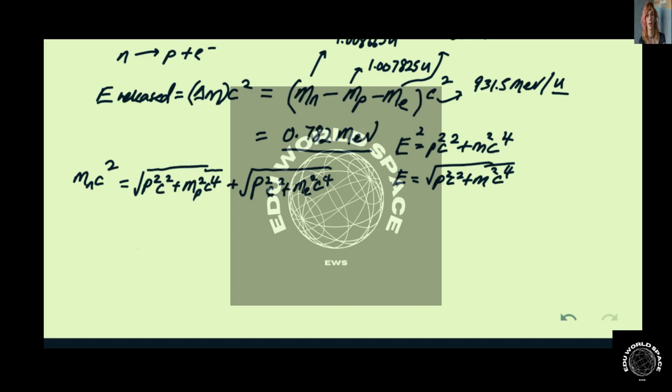Now moving on, we will need to do some simplification to this equation. The only unknown in this equation is our momentum p. All of the rest of the values can be obtained; they are just the rest energies. In order to simplify this, I'm going to bring the electron term over here to the left hand side, and then square both sides of the equation.